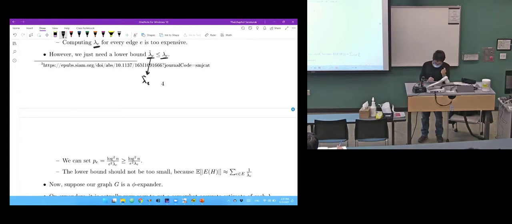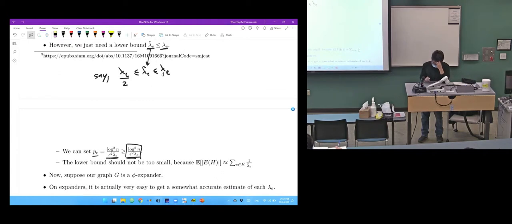Because let's say that this is within a factor of 2. Then if we set p_e to be this much, it's still going to be bigger than the threshold that we need in the algorithm.